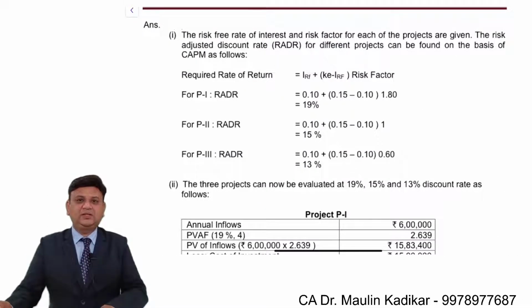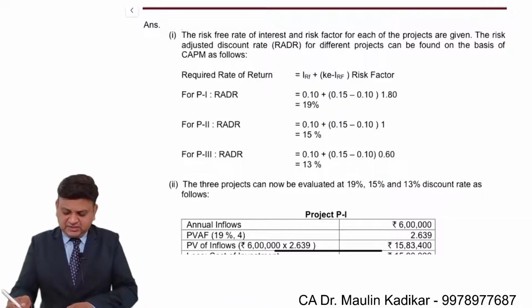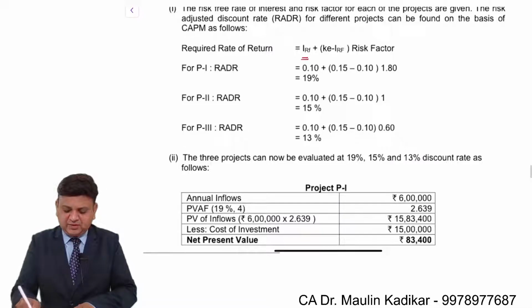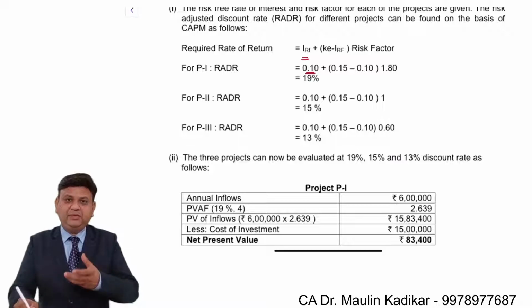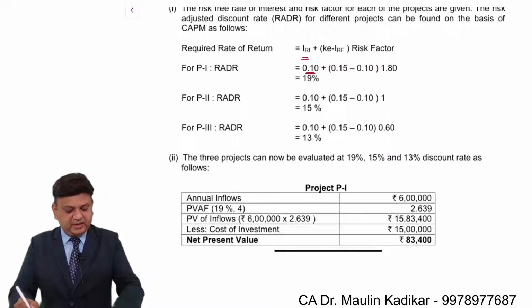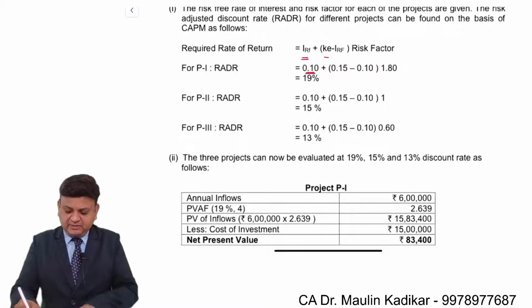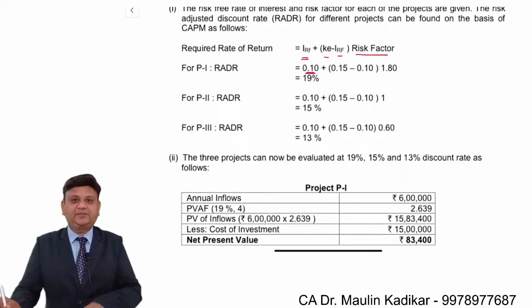Friends, over here the discounting rate is required to be found very easily. It is like the risk-free rate of return, that is 10%, plus the minimum required rate of return which they have provided to us as 15%, minus RF, into risk factor. That is the simple way by which we are required to make the calculation of the cost of capital.